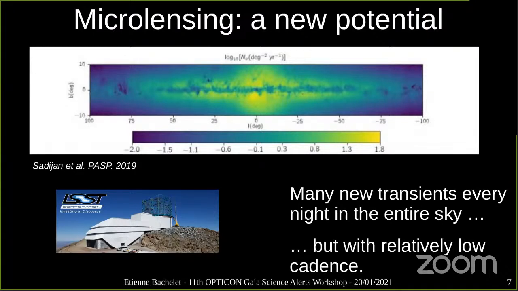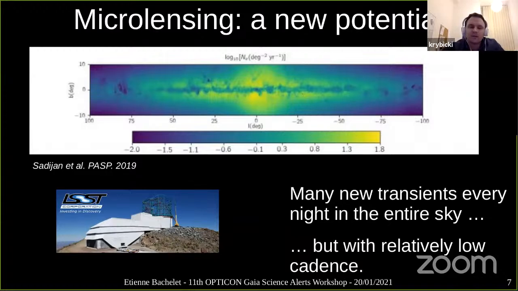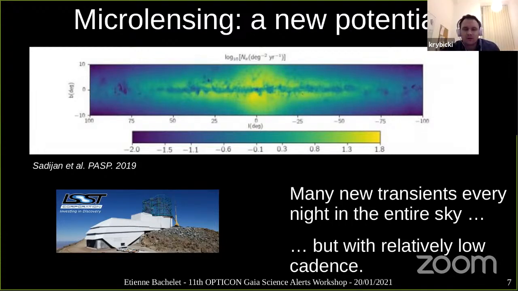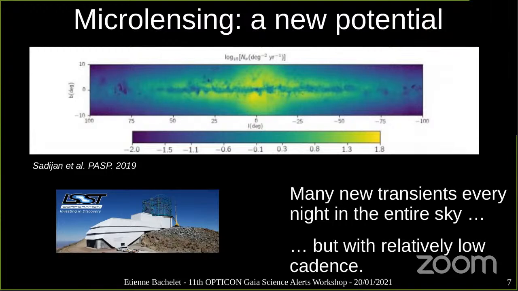This plot is from Sajadian and Rahvar, I believe, where they try to estimate the number of detectable events that LSST will find. So I wanted to ask what detectable means. How do you know it's a microlensing event if you can't really fit the model? I think it's detailed in the paper, but they disregard all events where their PSPL model was not constrained enough, so I would say it's pretty conservative. Okay, thank you.